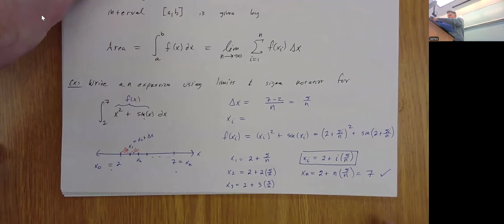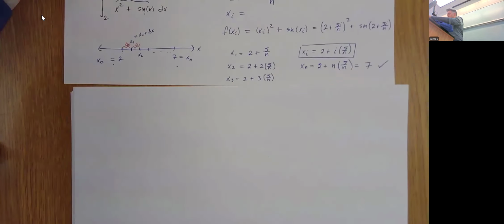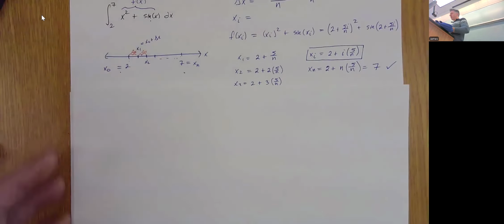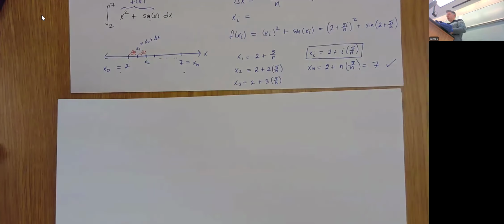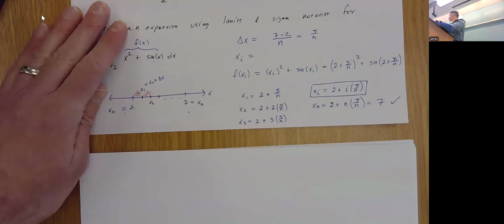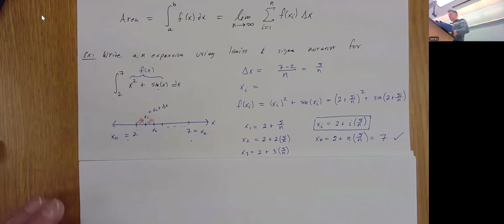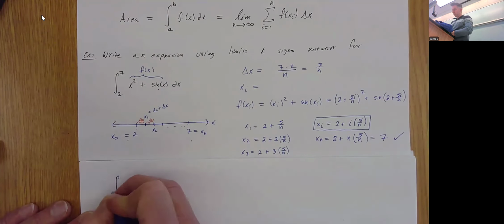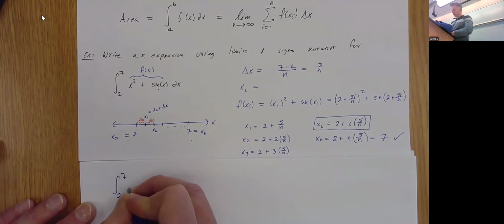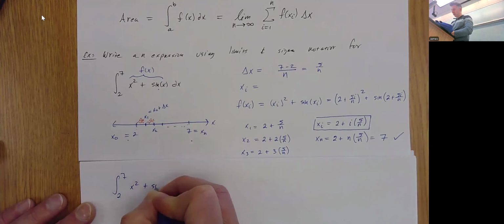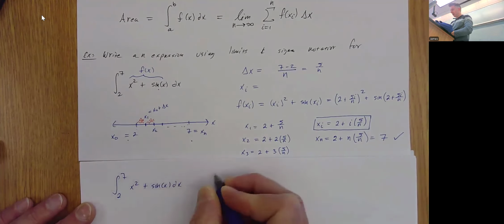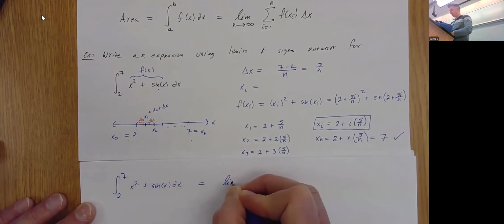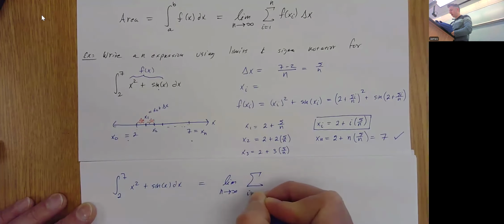So we've got all the pieces now. We've got our delta x, we've got our f of x sub i. We know everything here. So then we're going to say the integral from 2 to 7 of x squared plus sine of x dx is equal to the limit, as n goes to infinity, of the sum from i equals 1 to n. This part's always kind of exactly the same every time.